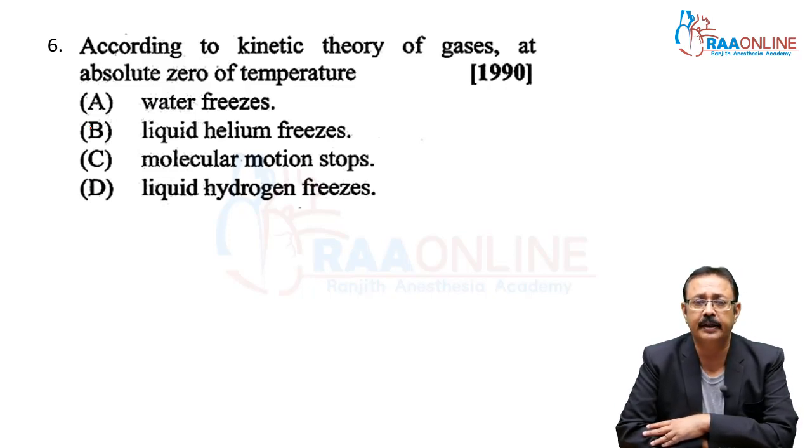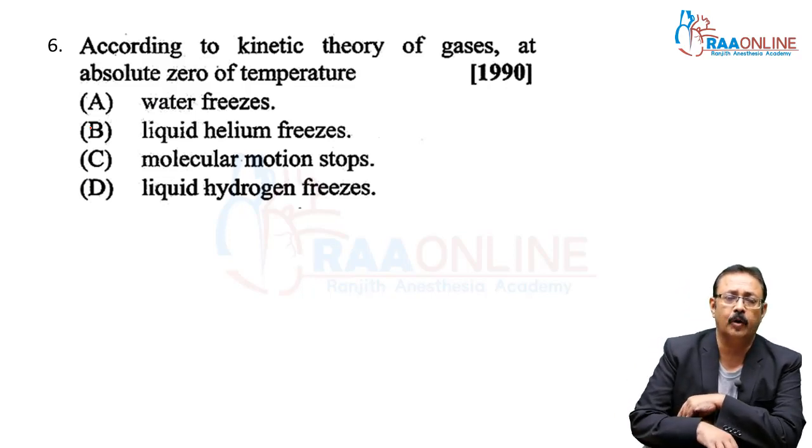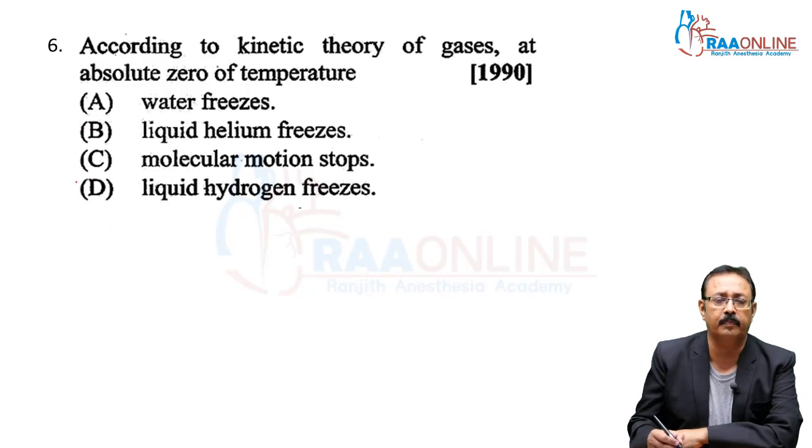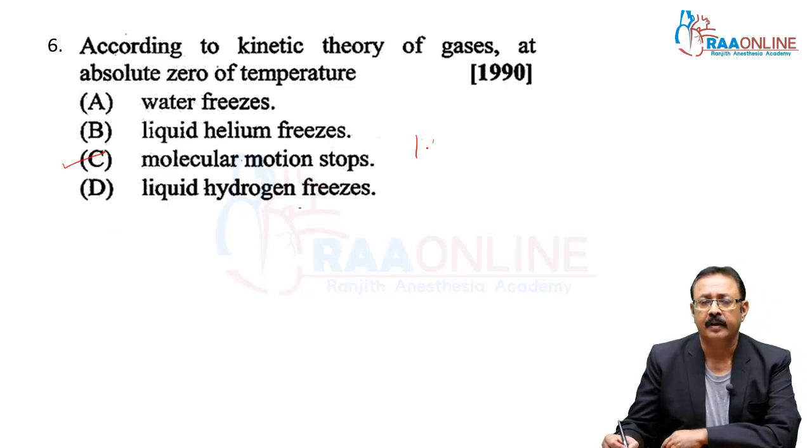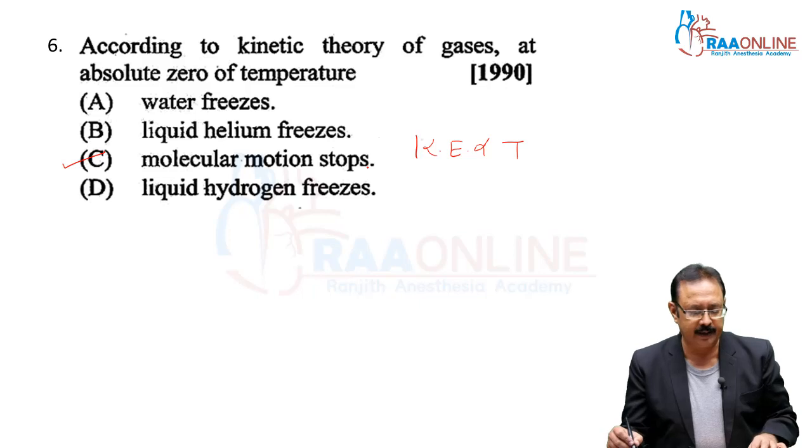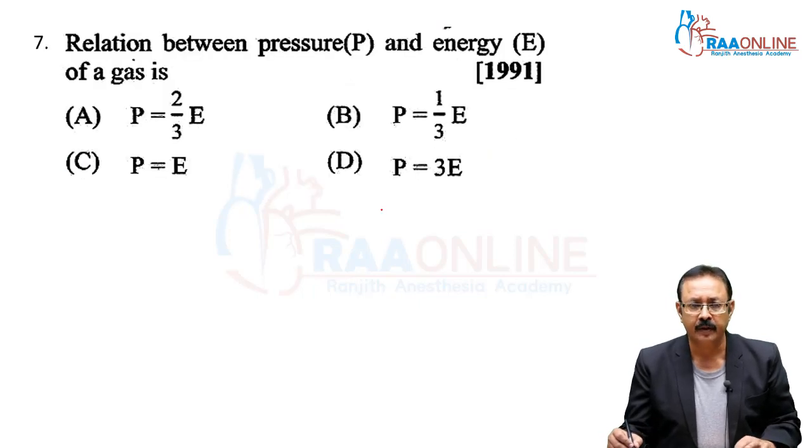So if T is 0, it will become 0. It means molecular motion will stop because kinetic energy is directly proportional to temperature. Temperature 0 means kinetic energy 0. They asked this problem in 1990 AIPMT.